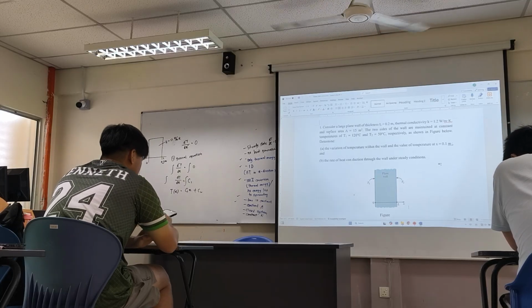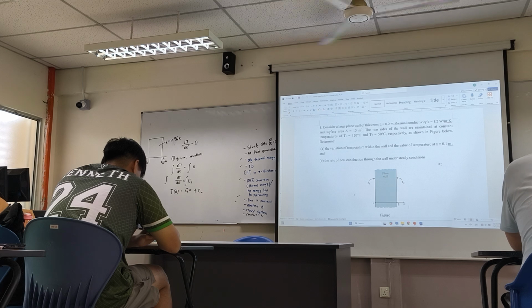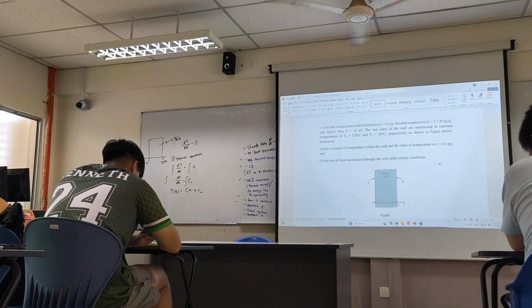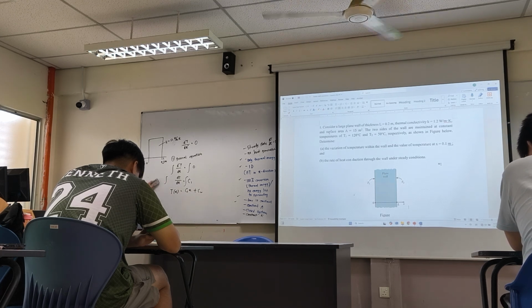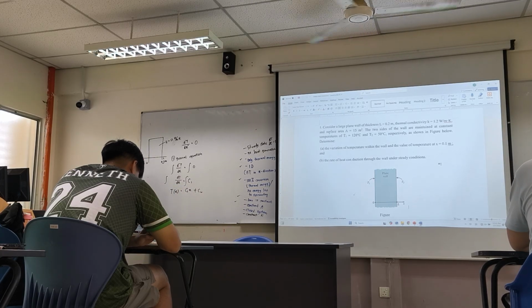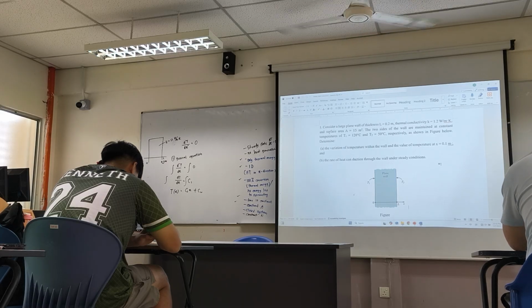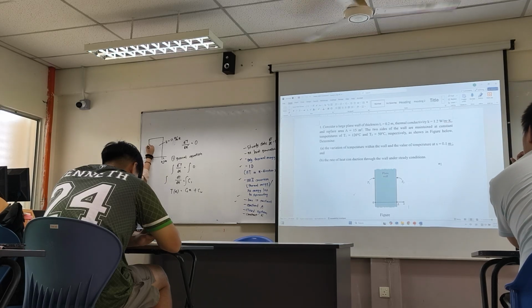Okay, so you need to find C1, C2 based on the conditions. Here the questions are already very good. They give you T1, which is 120 degrees Celsius, when x equals to 0.